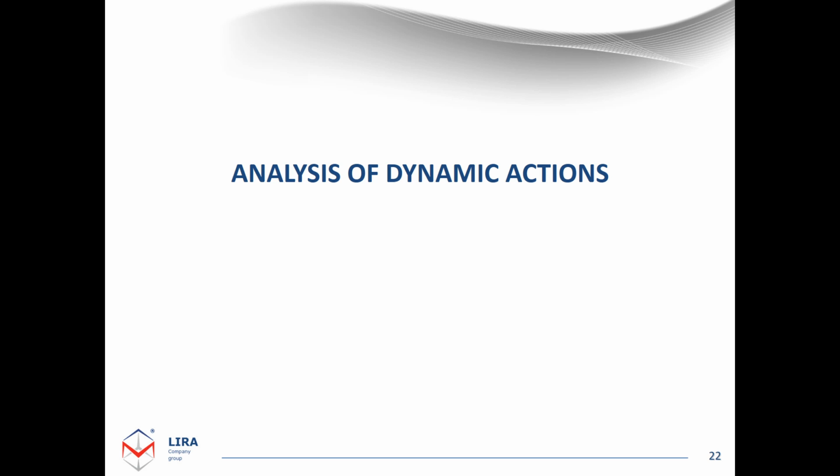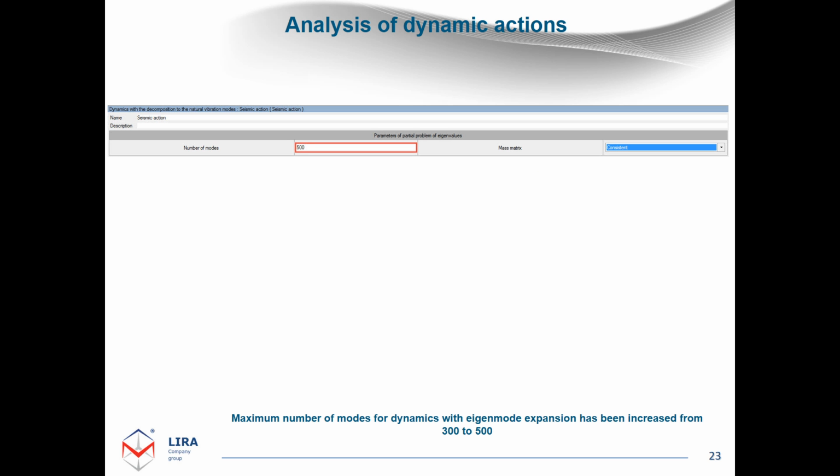And in the next block I will talk about the changes that we made to dynamic problems analysis and mainly seismic analysis. We've increased the number of natural modes that the program can determine, and because in previous versions this number was kept at 300, we've increased it to 500 modes.